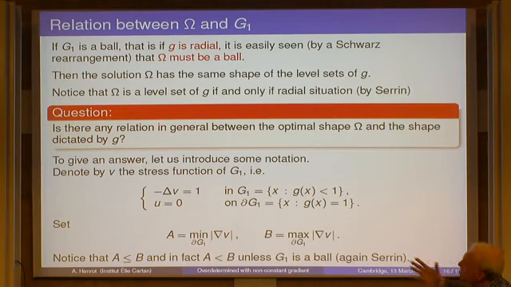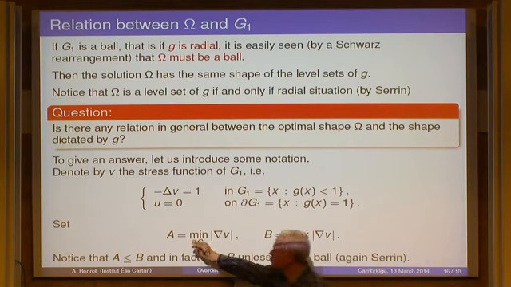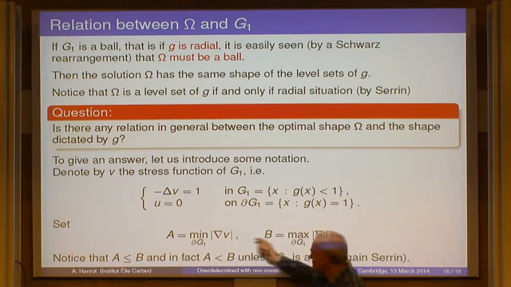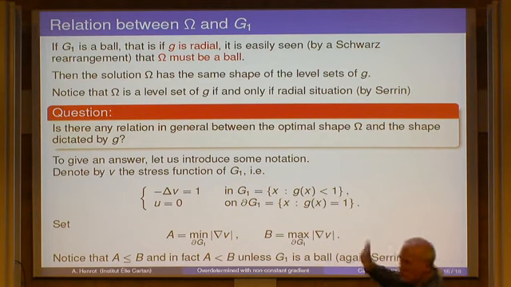And you see, in particular, if J1 is not far from being a ball, you expect that these two constants, A and B, will be close to one another. Obviously, this one is less than this one. Actually, strictly less, because if they are equal, you are in the context of the Serrin problem.